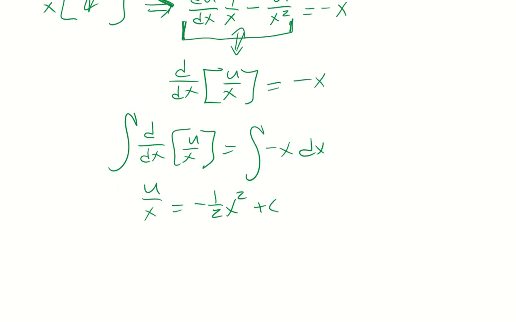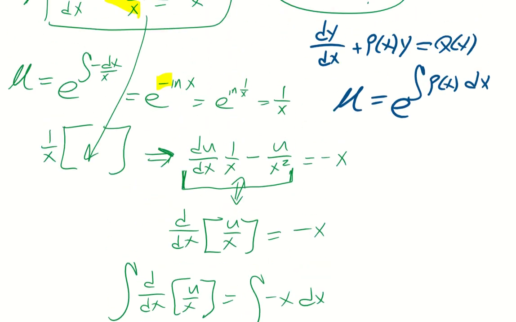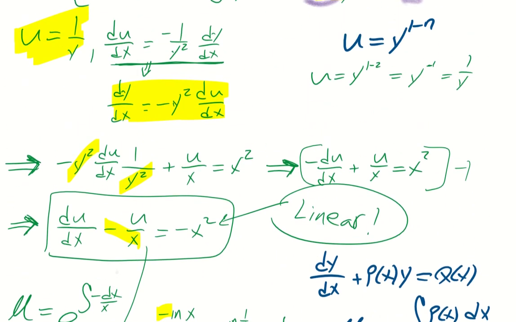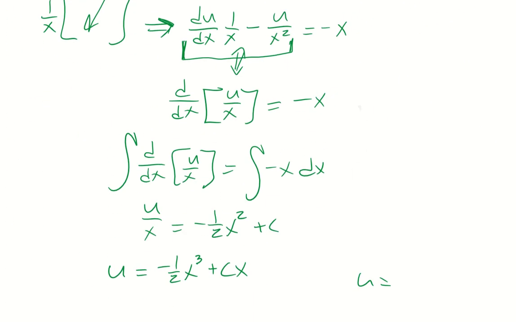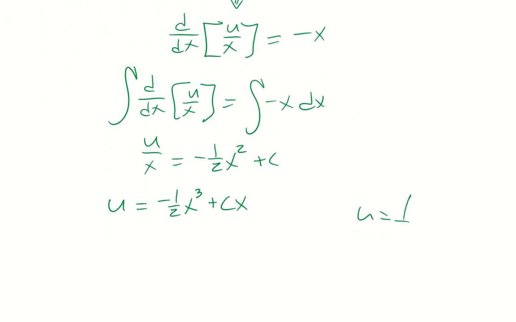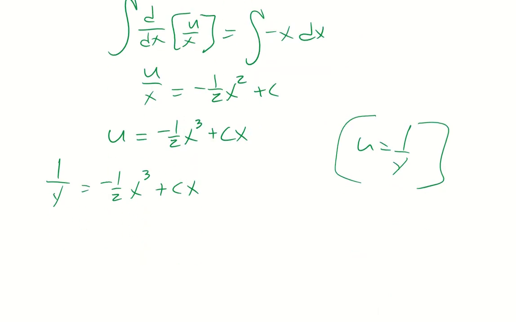And let's just solve for u for now. So u is equal to what? Minus 1/2 x cubed plus cx. But what does u equal? We said that u is equal to 1 over y. So let's substitute that in. So now we have 1 over y is equal to minus 1/2 x cubed plus cx.